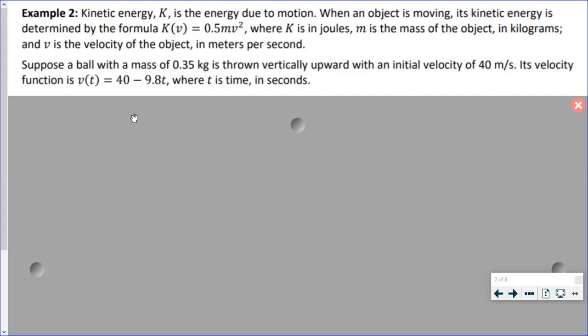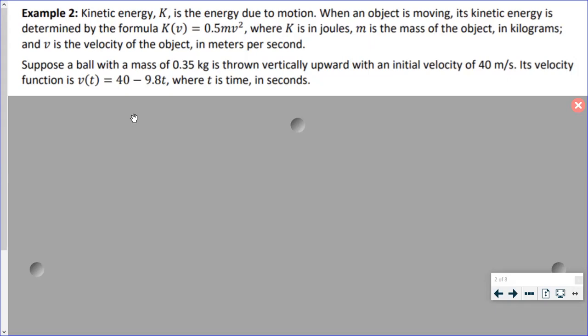So the question is asking, suppose a ball with a mass of 0.35 kilograms is thrown vertically upward with an initial velocity of 40 meters per second. We have a velocity formula where t is the time in seconds, and we have a different formula for kinetic energy.